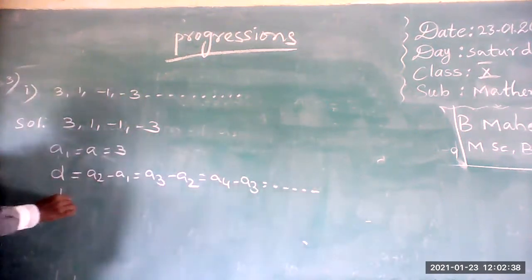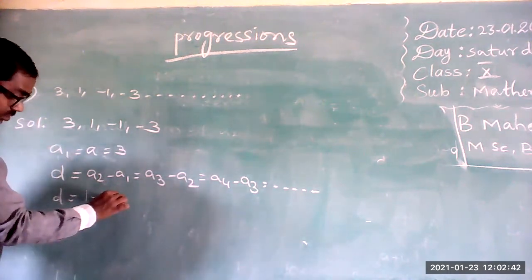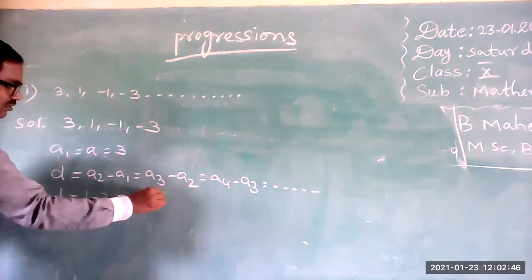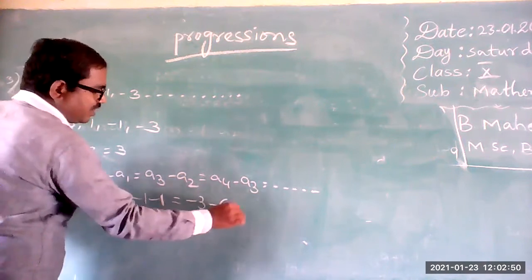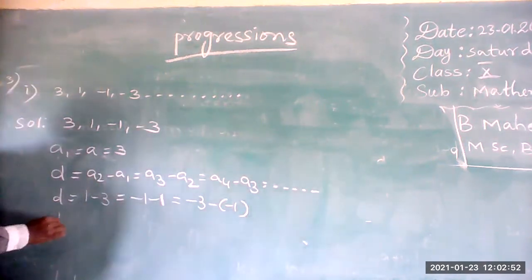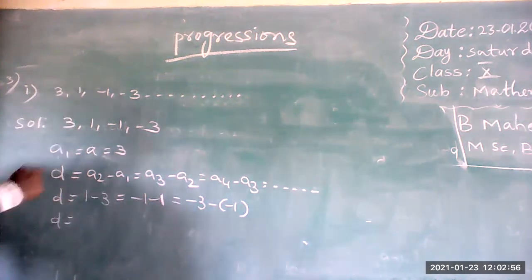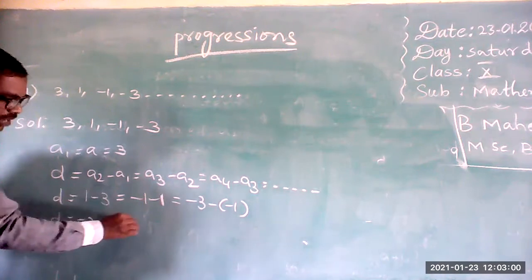So the common difference D is equal to 1 minus 3, which is minus 2; minus 1 minus 1, which is minus 2; minus 3 minus of minus 1, which is minus 2.